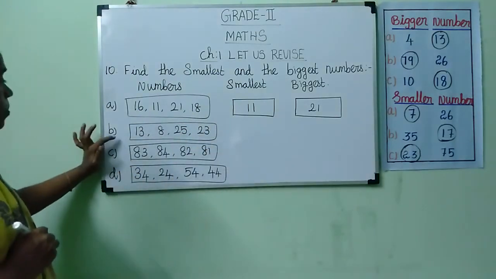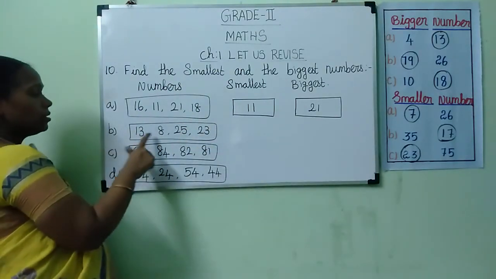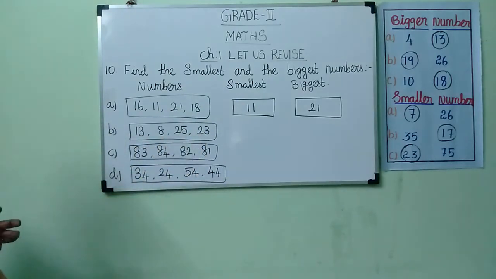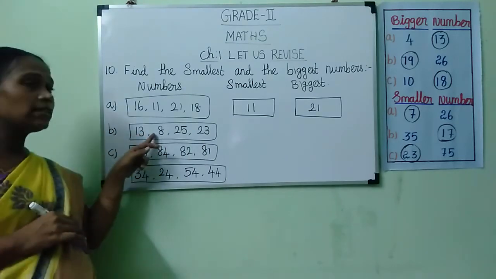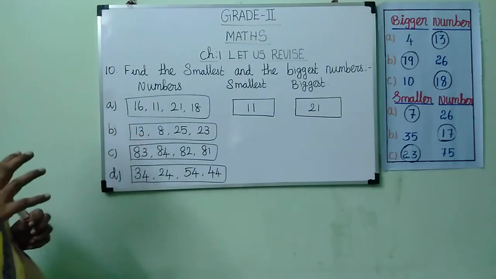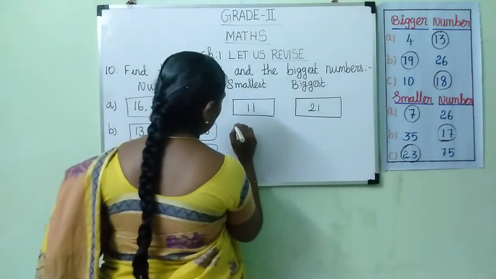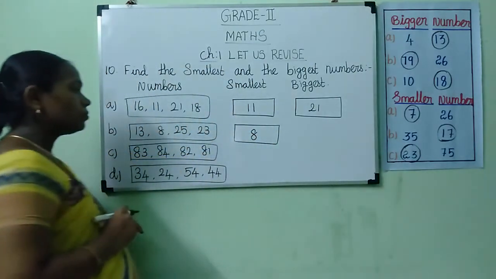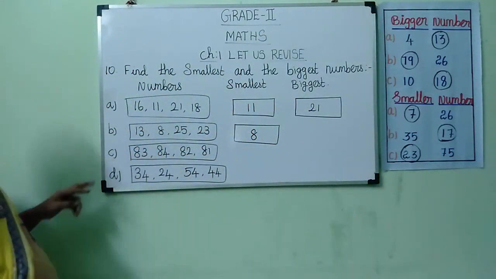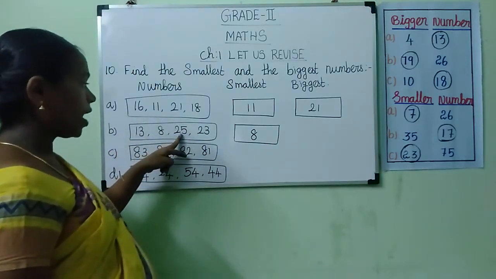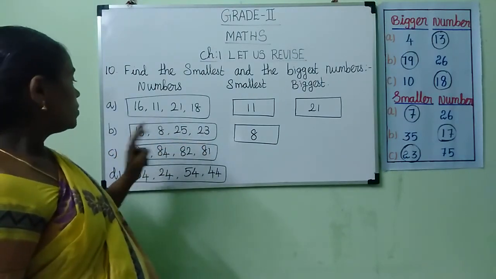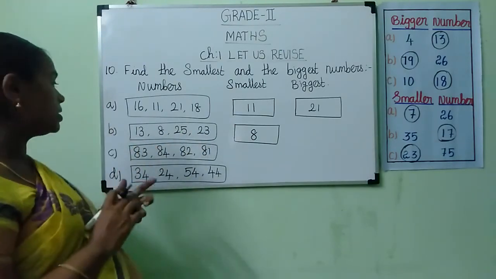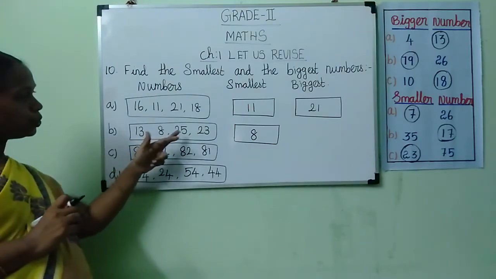Okay. See, the B sum: 13, 8, 25, 23. Which is the smallest number? Yes, 8 is a single digit number. So you should write the smallest number is 8. Next, 13, 25 and 23. In these three numbers, which number is the biggest? 1, 2, 2.